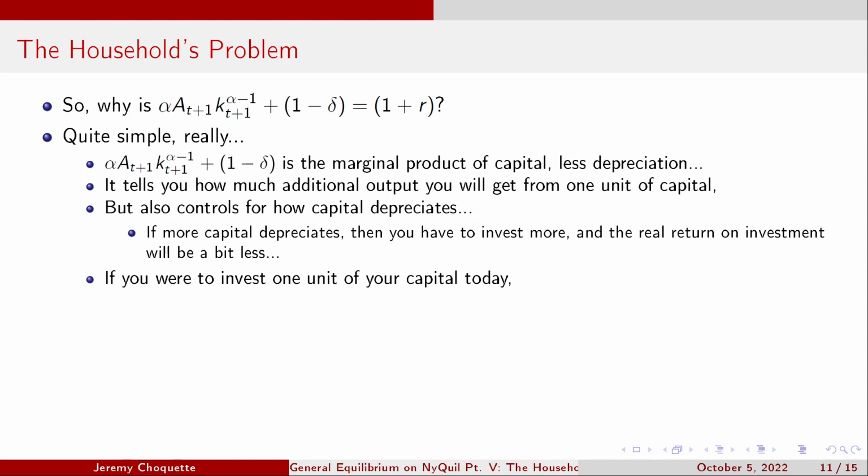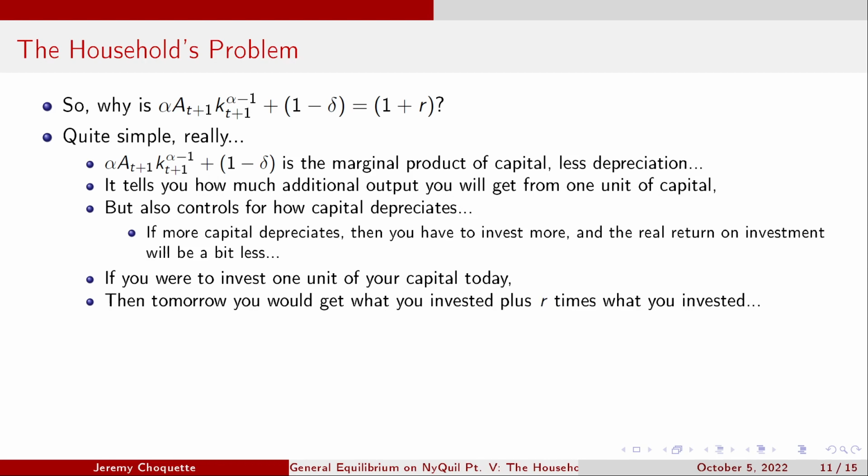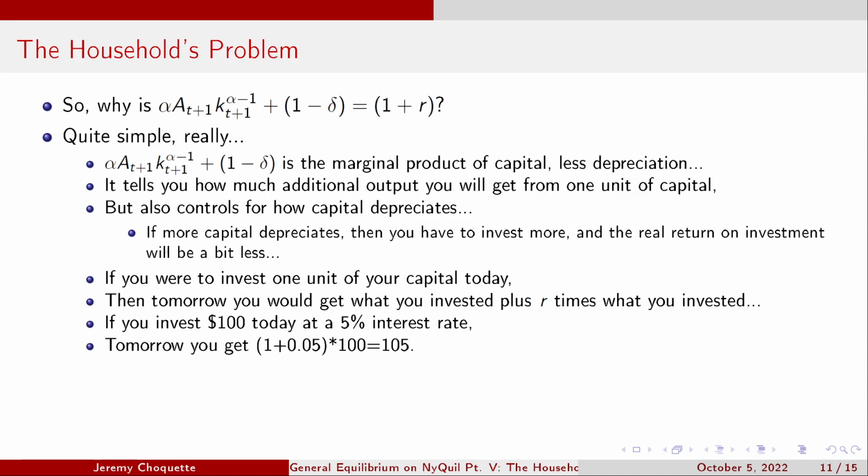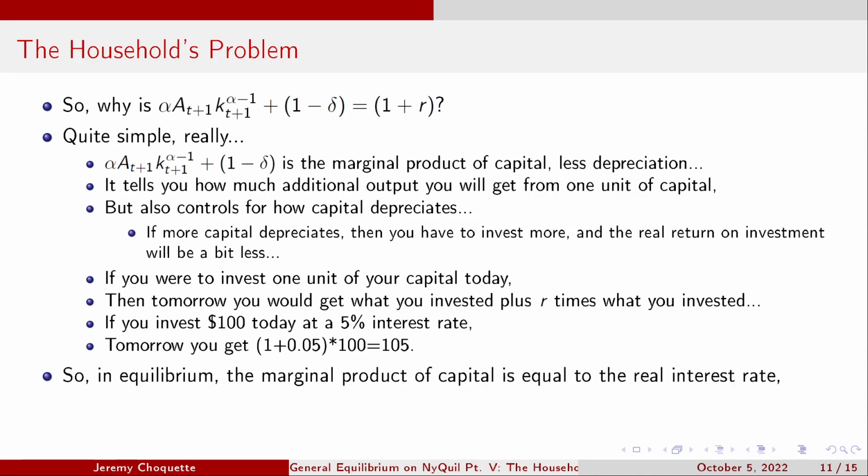So if you invest 1 unit of your capital today, then tomorrow you'd get what you invested plus R times what you invested. We've gone through this before. If you invest $100 today at a 5% interest rate, tomorrow you're going to get $105. So in equilibrium, the marginal product of capital is equal to the real interest rate.